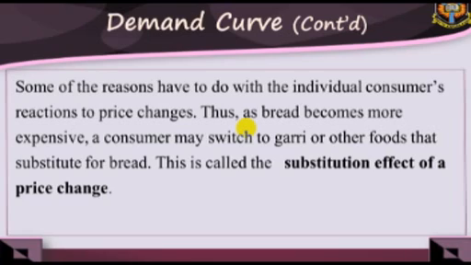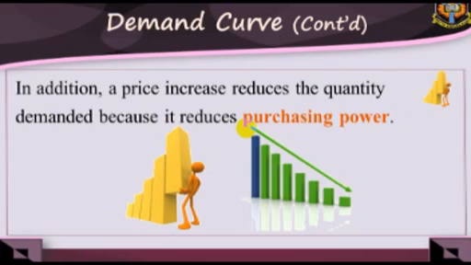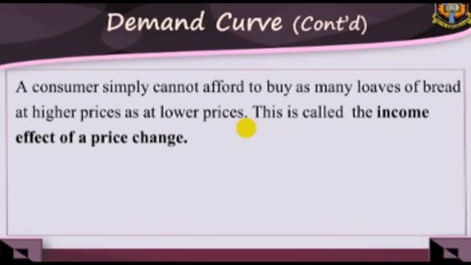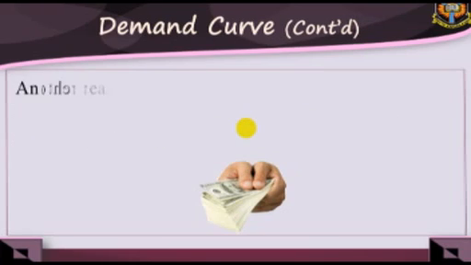This is called the substitution effect of a price change. In addition, a price increase reduces the quantity demanded because it reduces purchasing power. A consumer simply cannot afford to buy as many loaves of bread at higher prices as at lower prices. This is called the income effect of a price change.